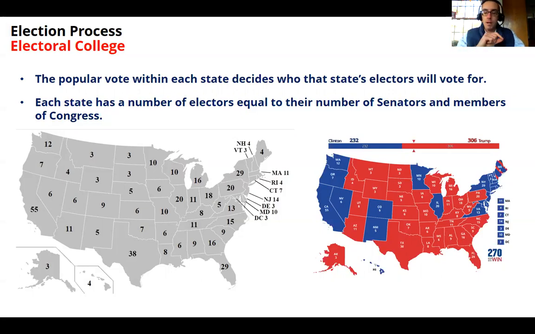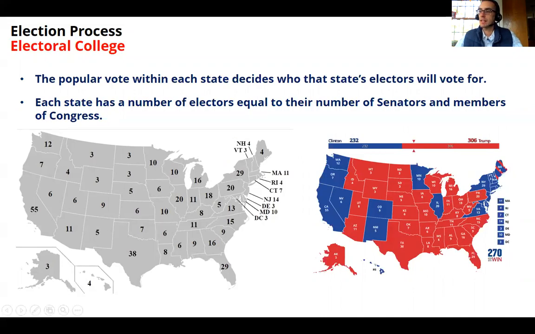But Maine and Nebraska are very different than every other state. Every other state, including Pennsylvania, gives all their electoral votes to whichever candidate won the state. Maine and Nebraska do it separately. It's a good question. Normally it doesn't matter, but it might this time. You don't know.